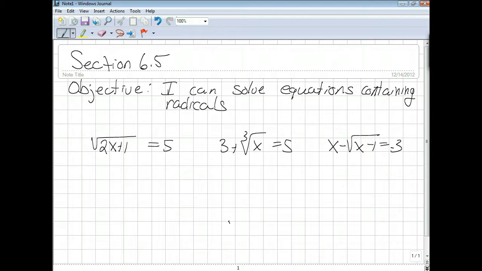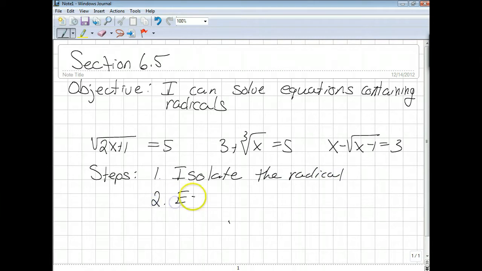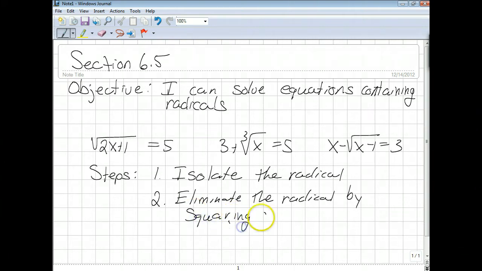The process here, the steps that you want to use are: number one, you must isolate a radical, or the radical if there's only one. Step number two is to eliminate the radical by either squaring or cubing both sides.